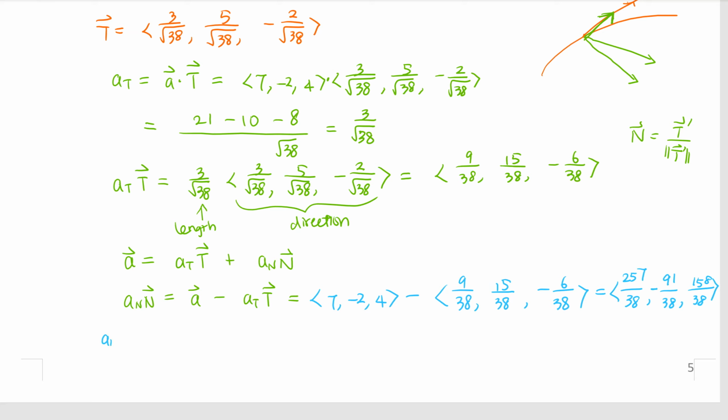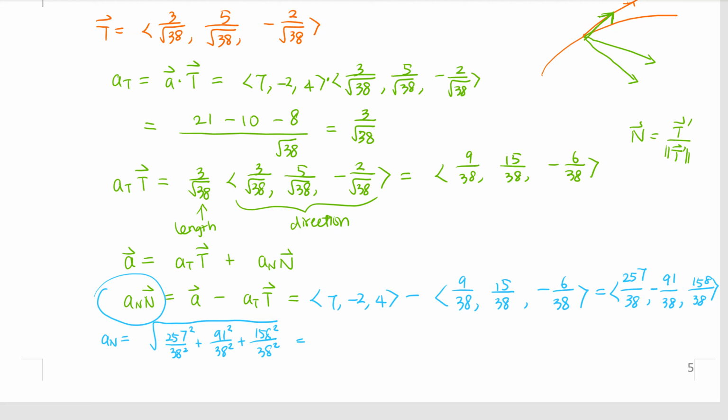Okay, what is a sub n? Well, this is a vector. The magnitude of it is a sub n, and the direction is the principal unit normal vector. So what is the length of this vector? It's the square root of 257 squared over 38 squared, plus 91 squared over 38 squared, plus 158 squared over 38 squared.